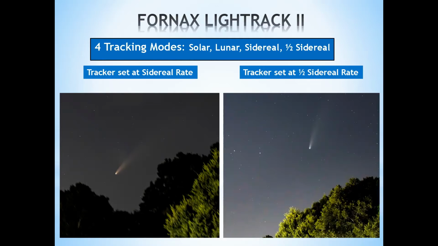If you take a picture at sidereal rate of a comet, the stars and the comet are in focus, but the foreground is out of focus. But if you go to half that rate, somewhere in between, the stars stay in focus, and now your foreground is also in focus. So that's when you would use half sidereal rate, when you have some foreground.